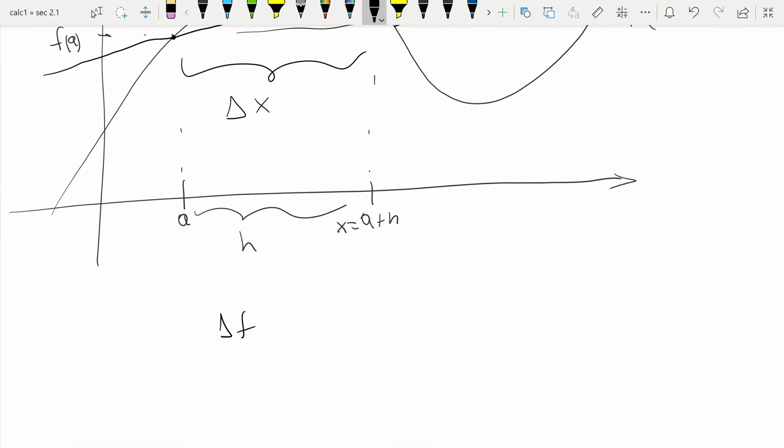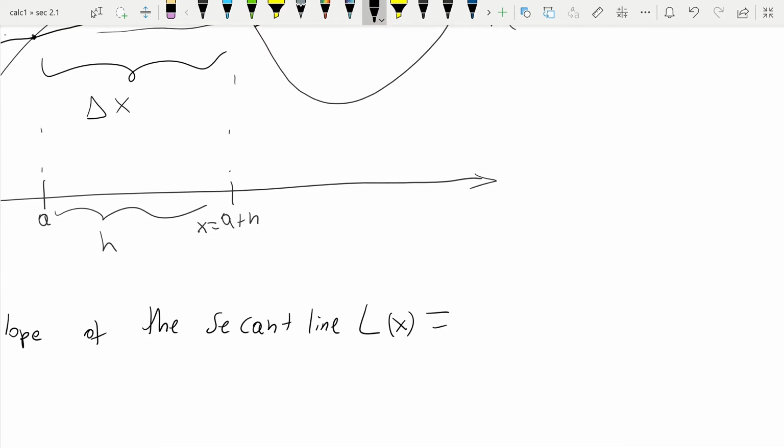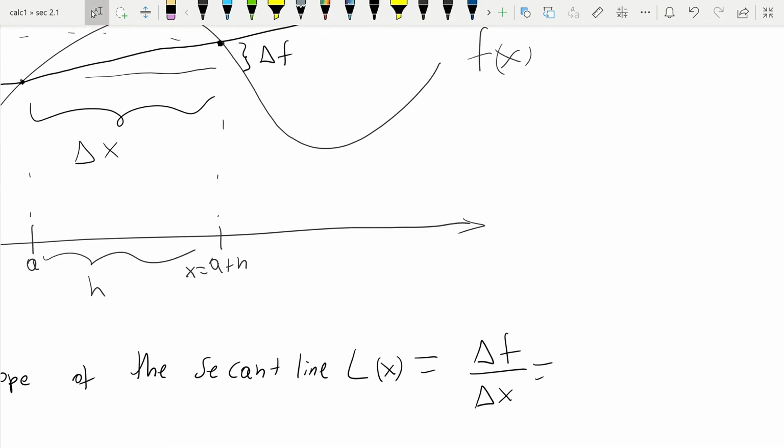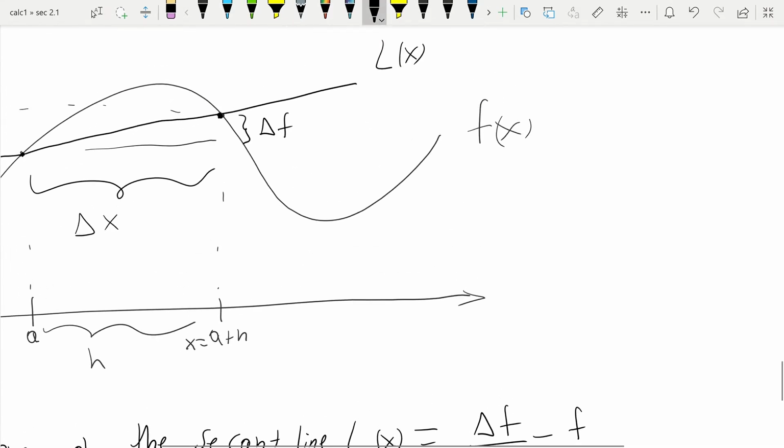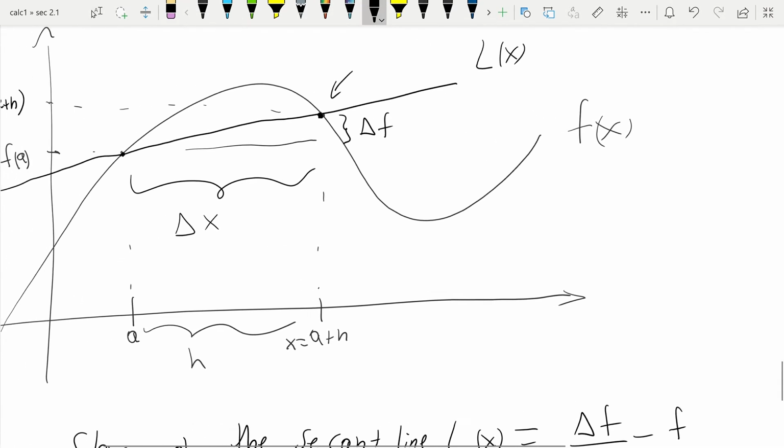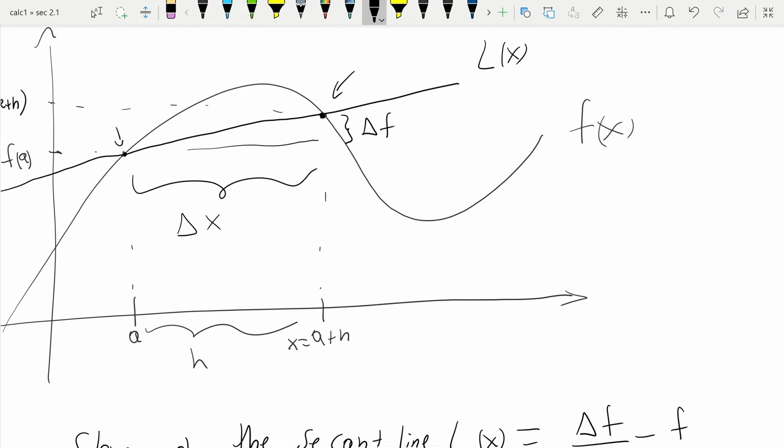What is delta f? So the slope of the secant line L of x is given by delta f divided by delta x, which in this case is equal to f at the point a plus h minus the value of f at a.